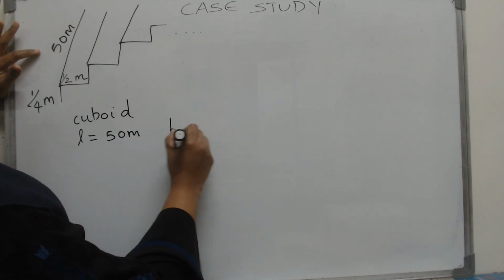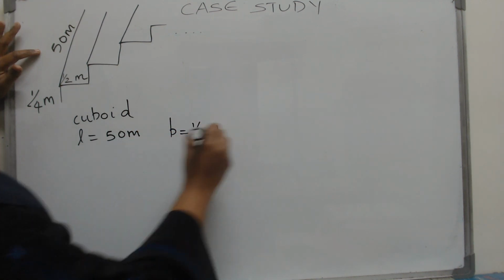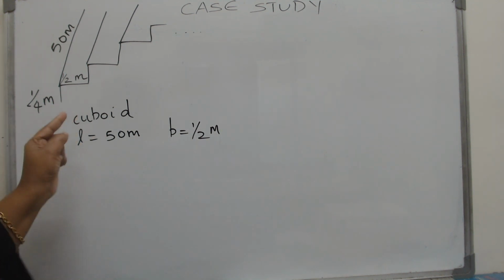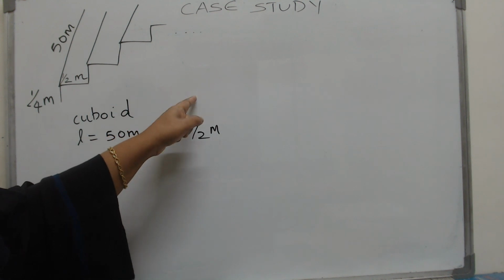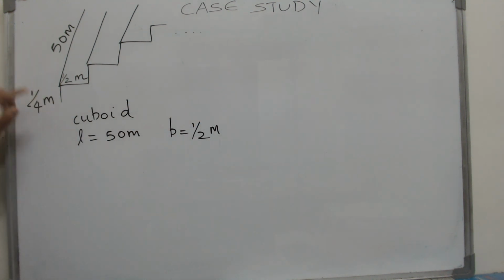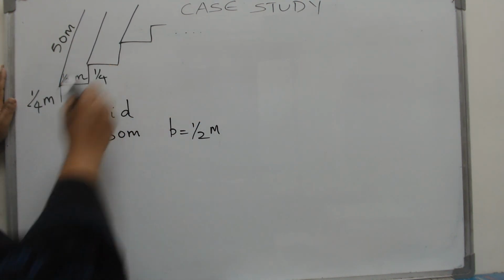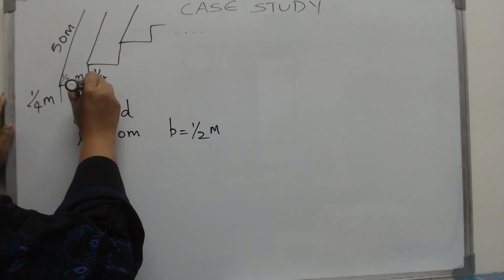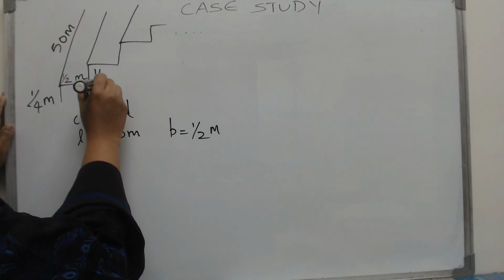They have the breadth of a half meter. But then when it comes to the height, there is a problem there. Each one has a different height. This is 1/4, this is also 1/4, but when you take its height, it should be from the ground. So therefore 1/4 plus 1/4.